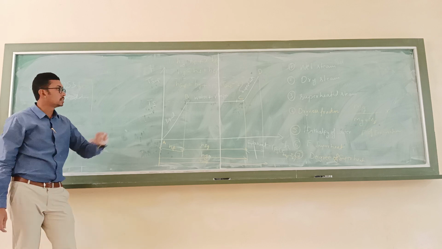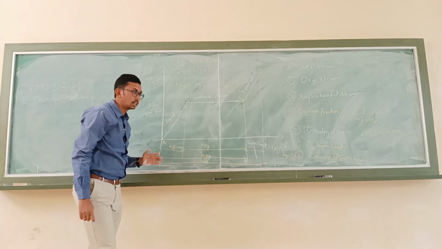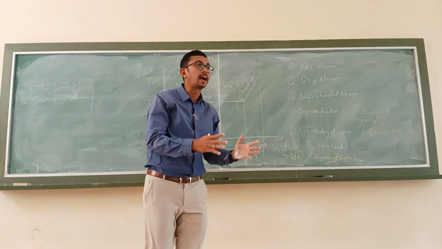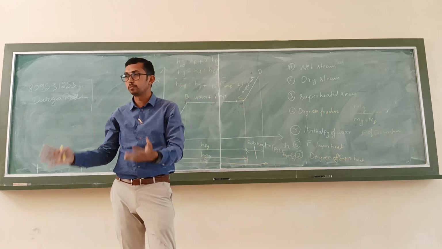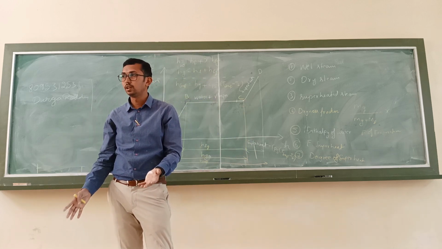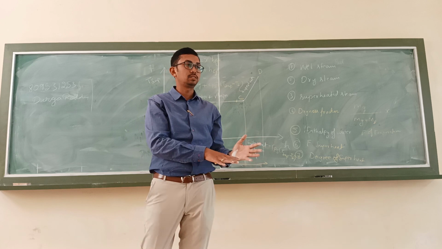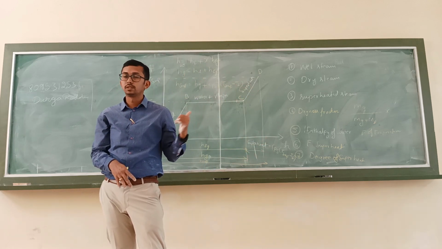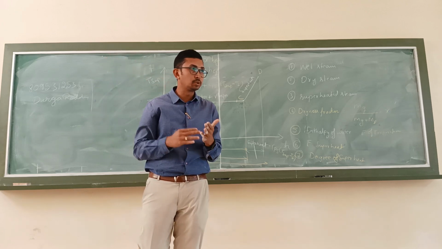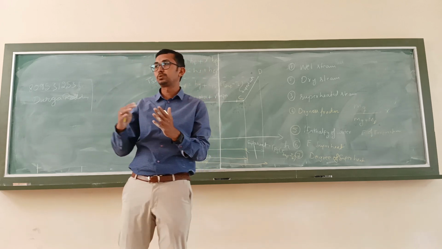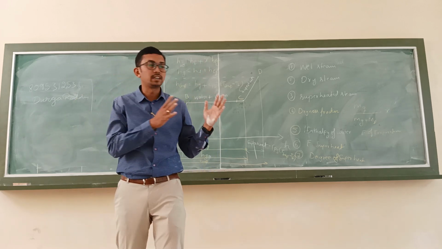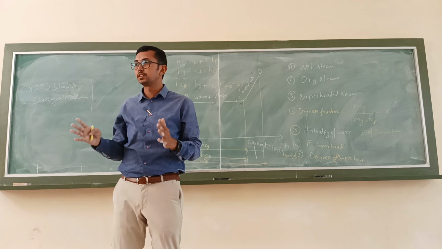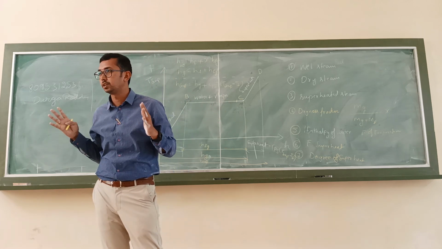Okay. So these are the various definitions that might be asked in your internals and examinations. In the earlier syllabus there were problems related to this. Since the number of credits has been reduced, the problem part has been removed. Only the theoretical part and definitions are there for your internals and examinations.